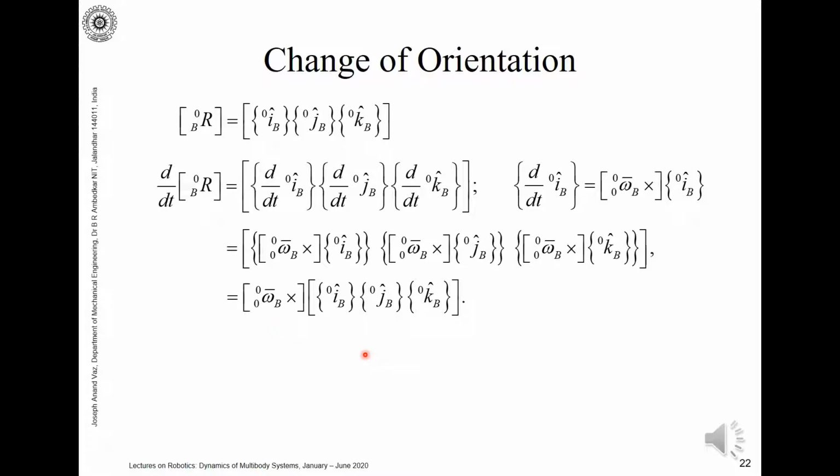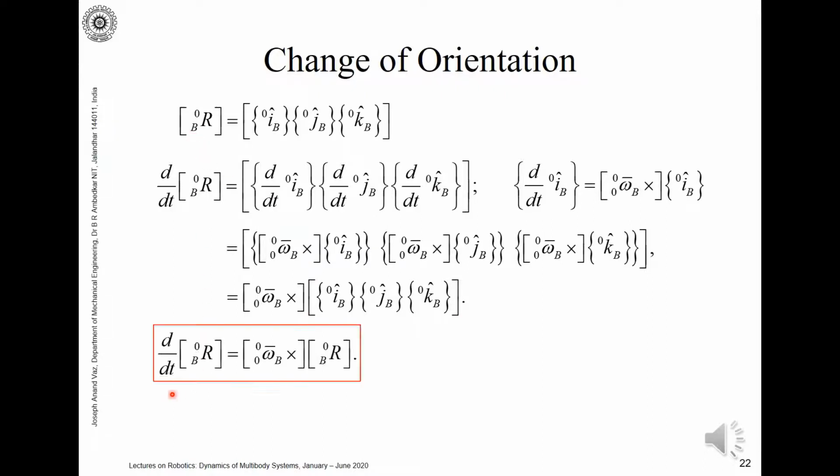It can be written as omega cross [i, j, k]. And we know that this bracketed part is just the R matrix. So we can write the rate of change of the R matrix is equal to omega cross the R matrix itself.